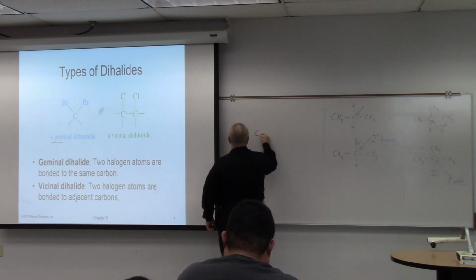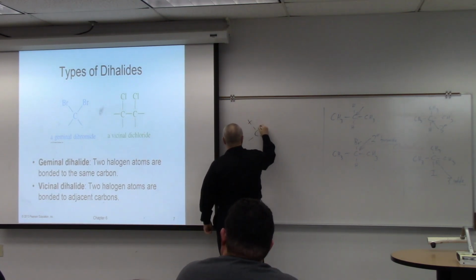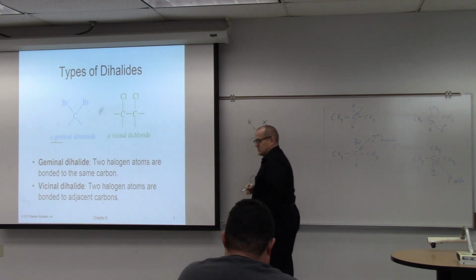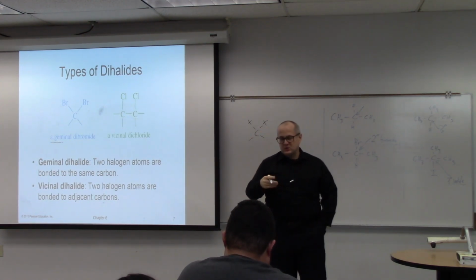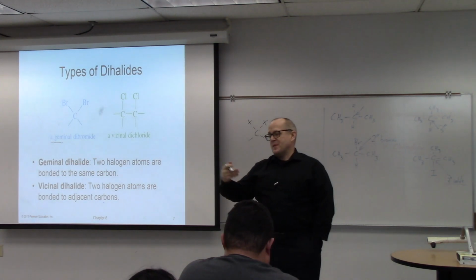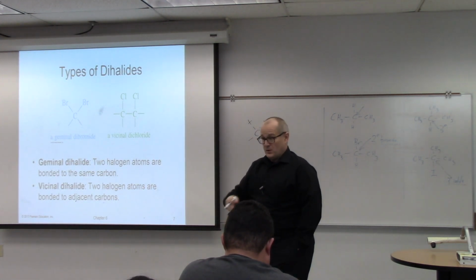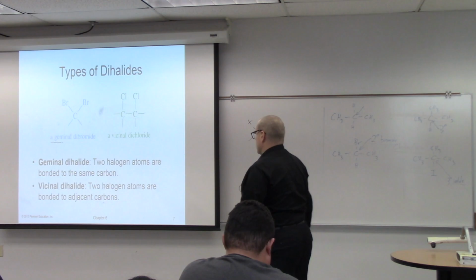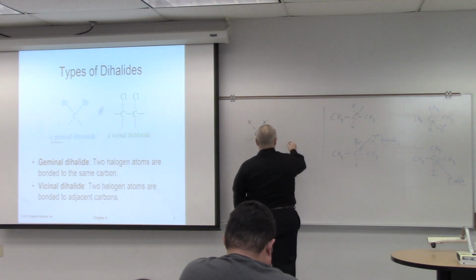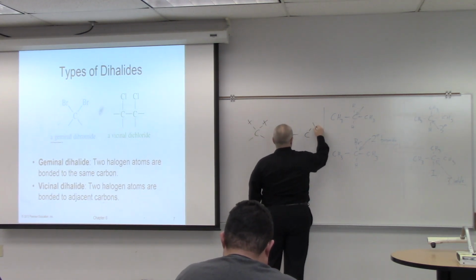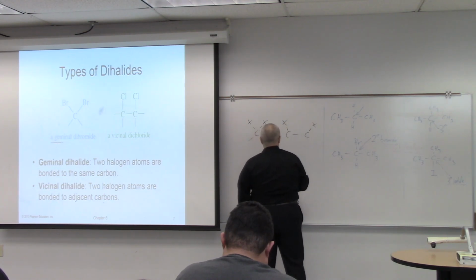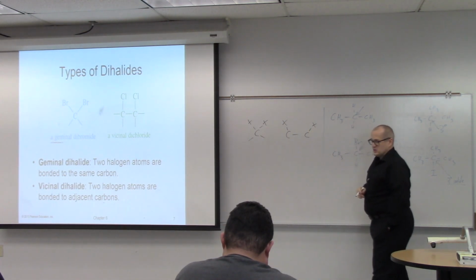Geminal: the halogens are on the same carbon. When both halogens are on the same carbon, they're called geminal. I don't really know why. They just are. If the halogens are on adjacent carbons, that's called vicinal.